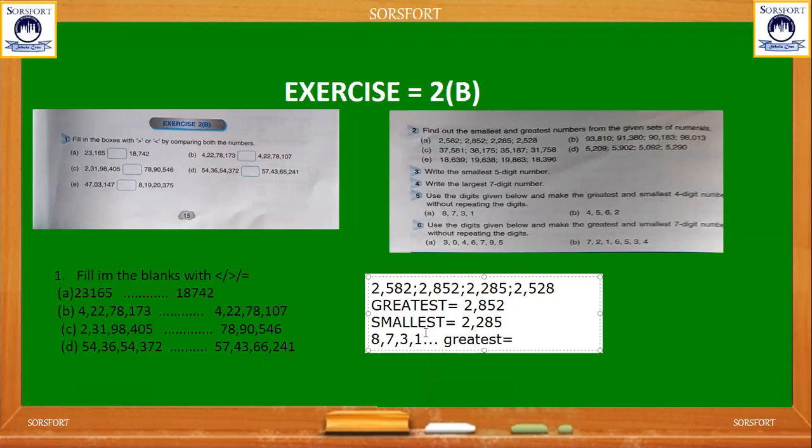For that, simply I will arrange in descending order: 8, 7, 3, 1. Now for the smallest, what will I do? Simply I will arrange in ascending order. Ascending order means small to big. Same way you have to do with number B.